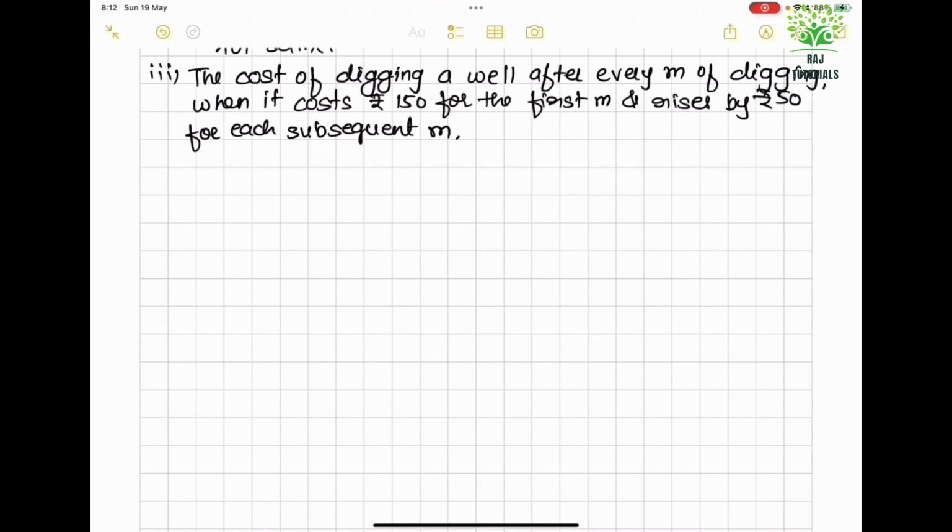So here I am given A equal to rupees 150, that is the first term is 150.